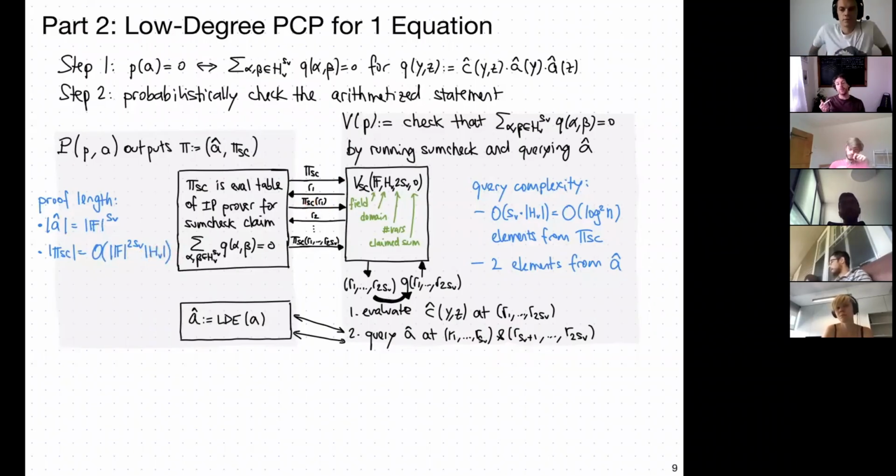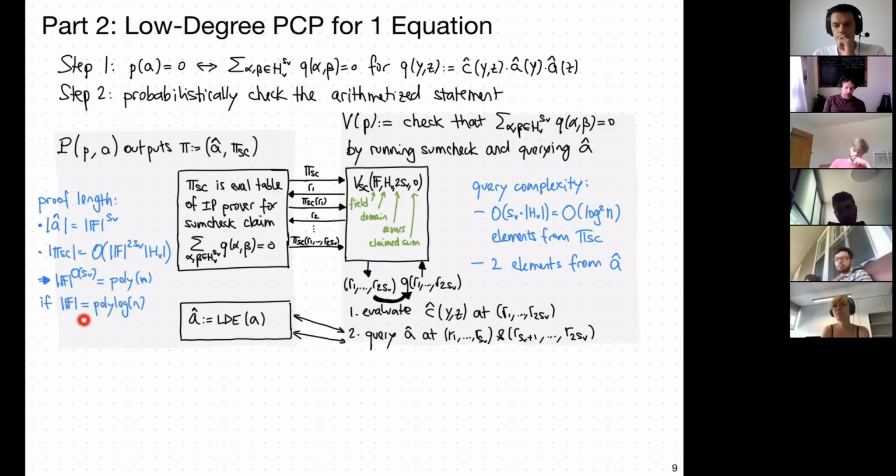This is exactly why we want to be careful with our randomness, because we have to provide a proof for each possible conversation that the prover and verifier might have in the soundcheck protocol. And in our setting of parameters, when we choose F to be polylog n, this would just amount to having a polynomial length.